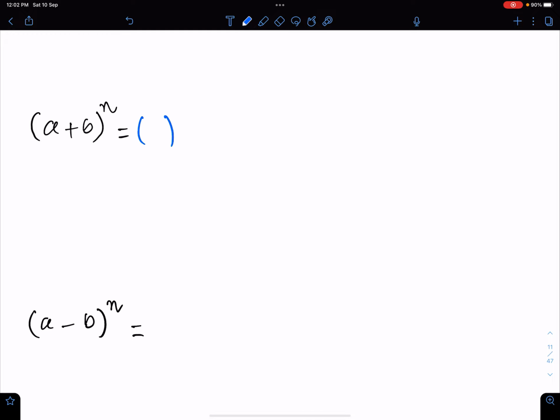So, to expand this type of binomial expansion, write the first term here. This is the first term with power this number. Then put plus sign. Since we have positive sign here, all terms must be positive.